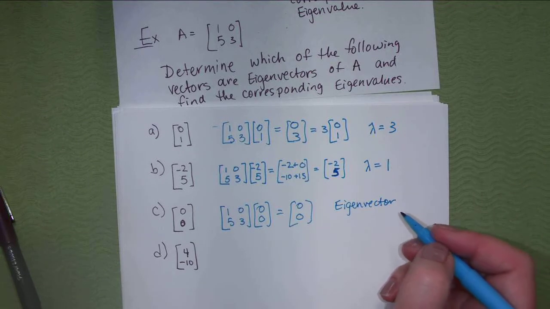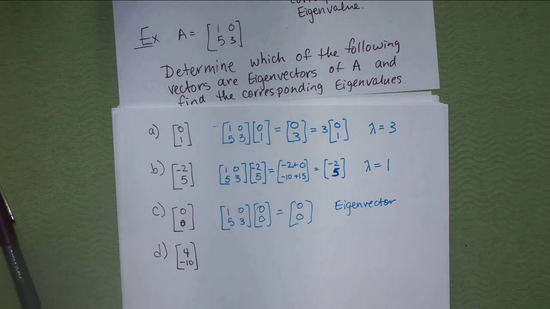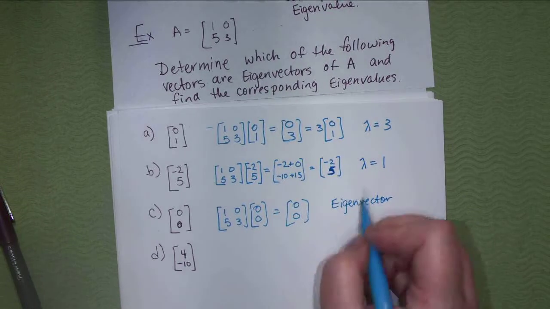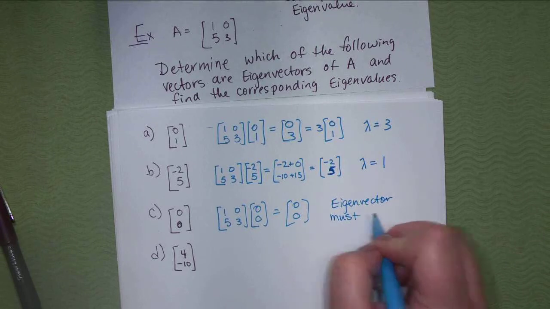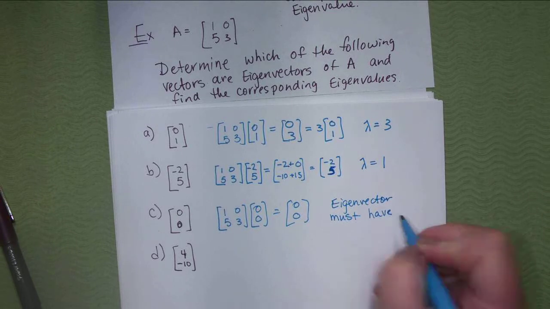It could be a great big long vector if this was a bigger matrix, and they could have all zeros, but one number can't be. So it has to have at least one non-zero number.